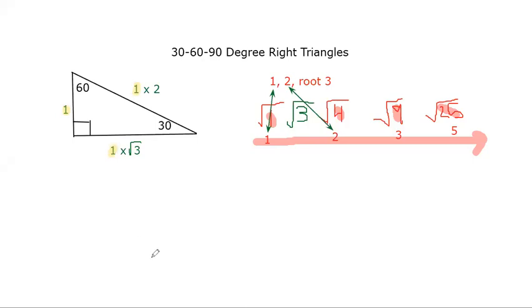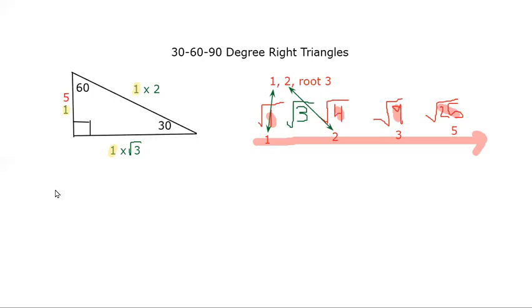Let's put some real numbers with this. Let's say the short leg of a right triangle is 5. So the short leg is 5. We'll put this measurement in red. What does that make the hypotenuse if the short leg is 5?